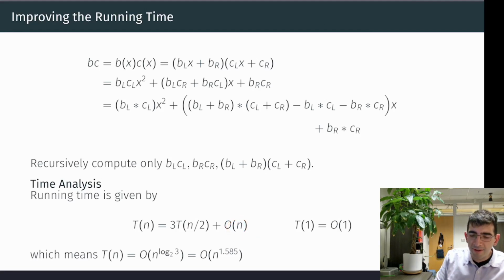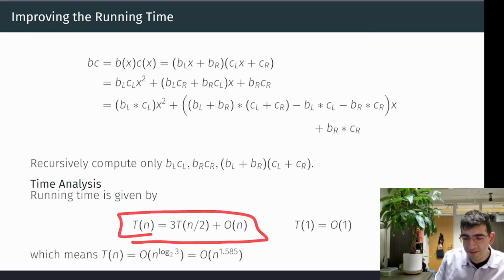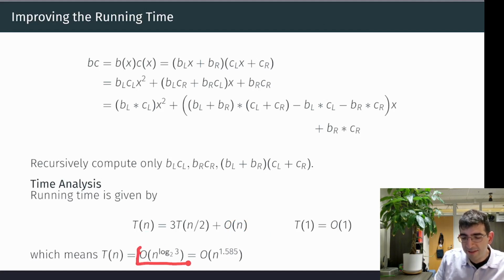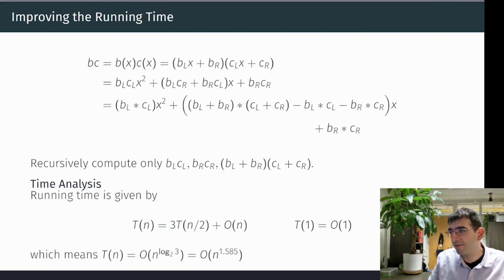And so calculating out this recurrence, we get that T(n) is equal to O(n^(log base 2 of 3)), which is also equal to O(n^1.585). So that's cool, right? We're able to multiply two numbers together in less than n squared time.